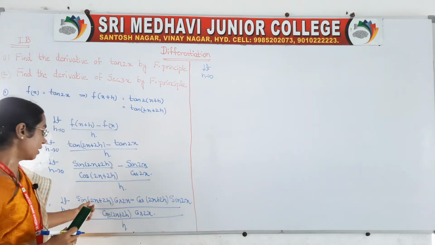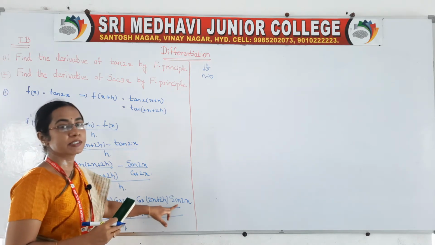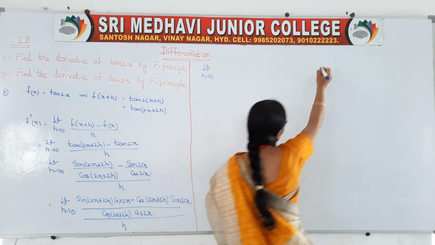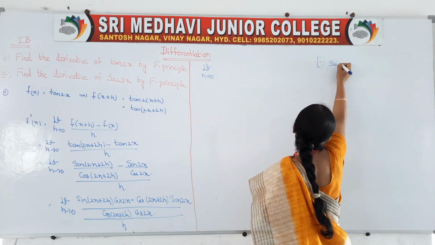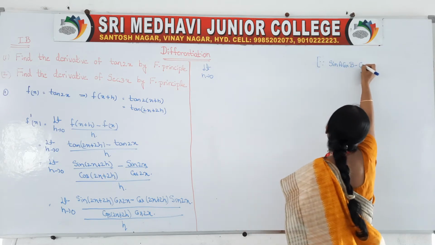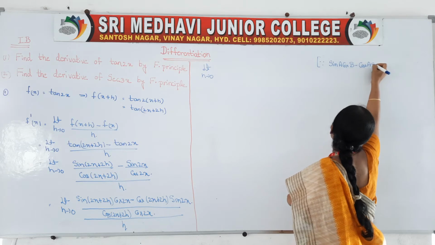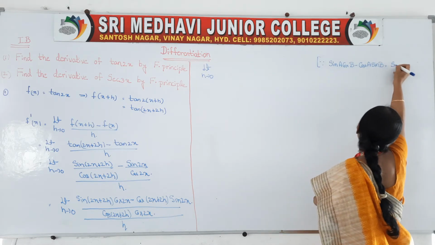Now observe this, it is of the form sin a cos b minus cos a sin b. So we know one formula. Sin a cos b minus cos a sin b is equal to sin(a minus b).